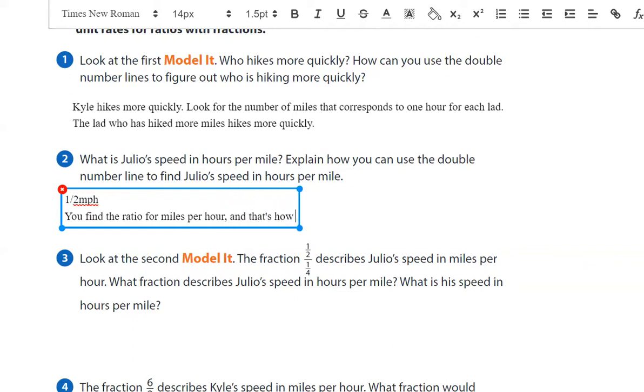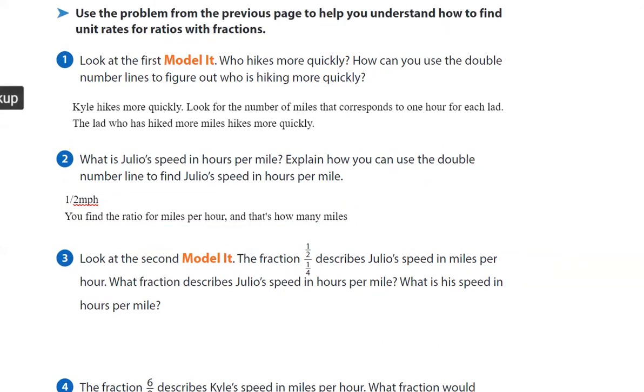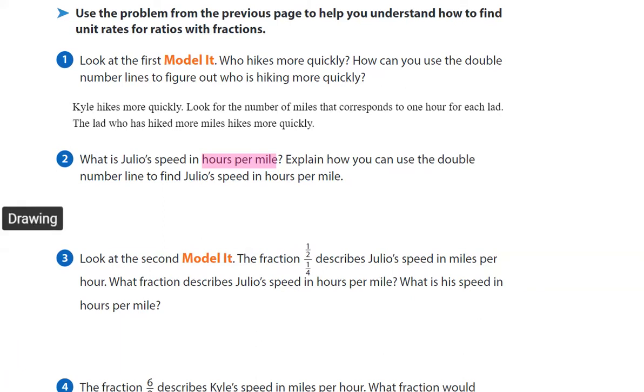Wait a minute, they're asking for the other way. They're asking for hours per mile. Why would you want that? Ridiculous. Okay, so hours per mile, and it is half, but we just have to do it the other way around because usually we're doing miles per hour.